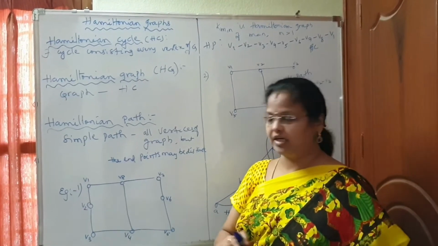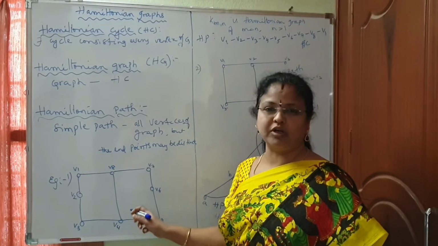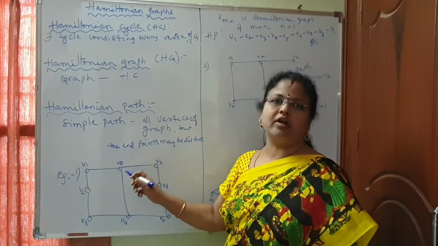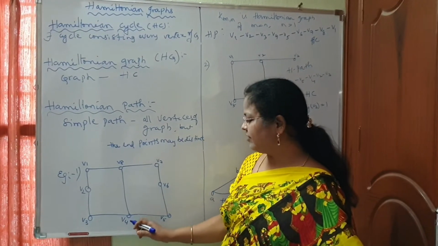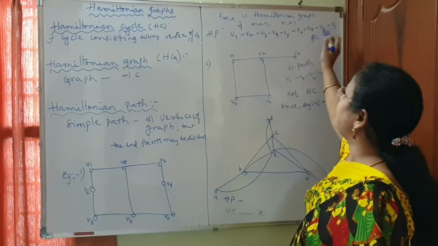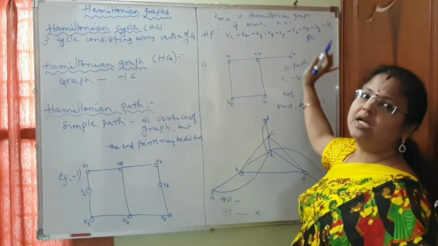And if you observe here, we have not considered this edge. In a Hamiltonian cycle, every vertex must be included in the path, not every edge. Therefore, we have not considered the edge V4 to V8, but still we say that it is a Hamiltonian graph consisting of a Hamiltonian path as well as a Hamiltonian cycle.